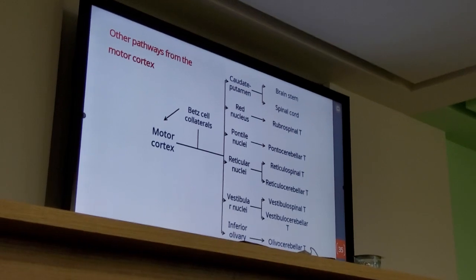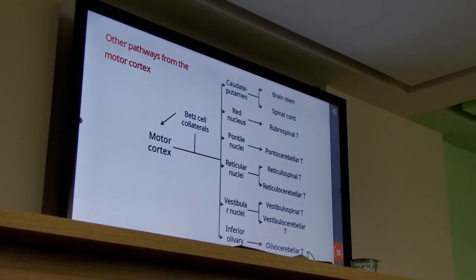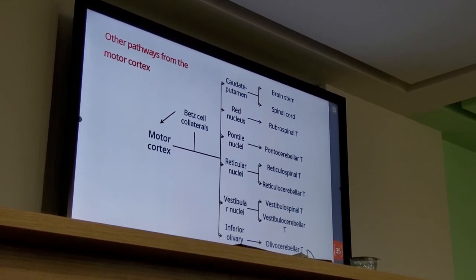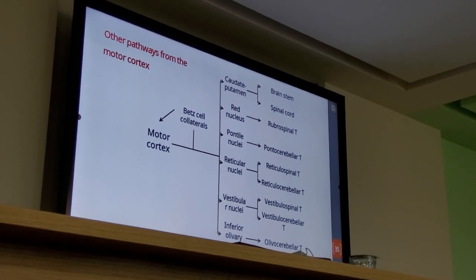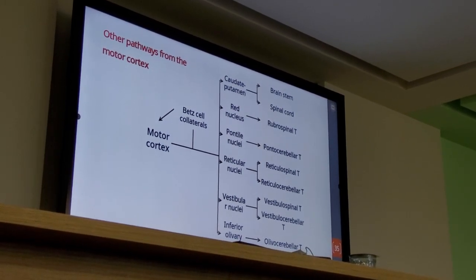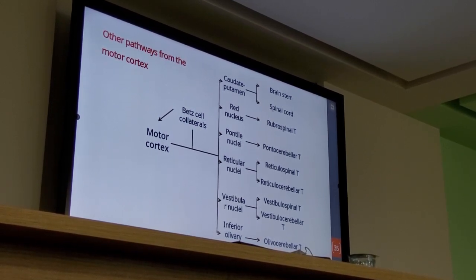Signals go both ways, from subcortical areas, from the brain stem, from the spinal cord to the cortex, and also from the cortex to these areas. Cortex sends some signal to the other tracts. Maybe sometimes we have exaggeration in this stimulation.